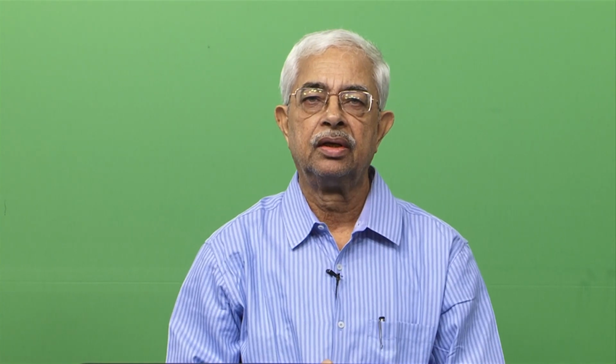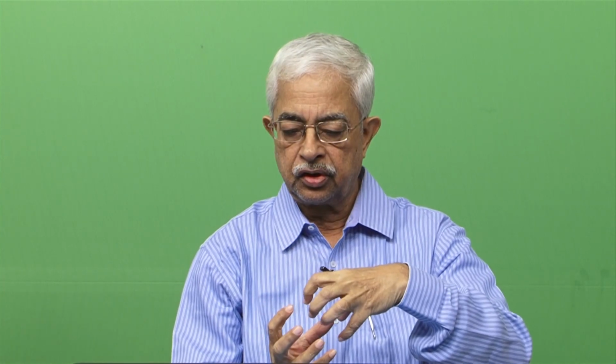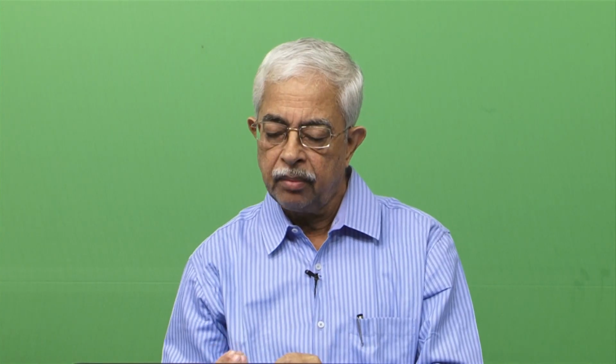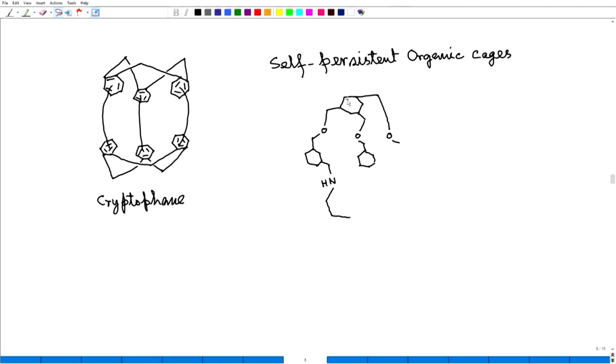So, as a result, although the compound has a cryptand-like architecture, it is non-flexible. This is absolutely non-flexible. That is why whether you put a metal ion in or not, it always keeps its shape unaltered. That is why it is called self-persistent organic cages.